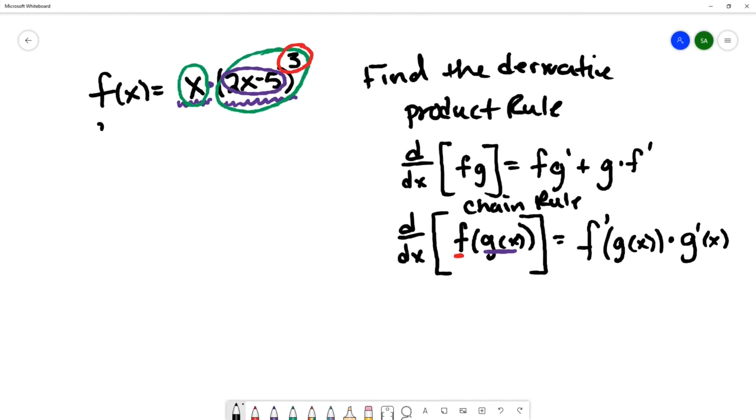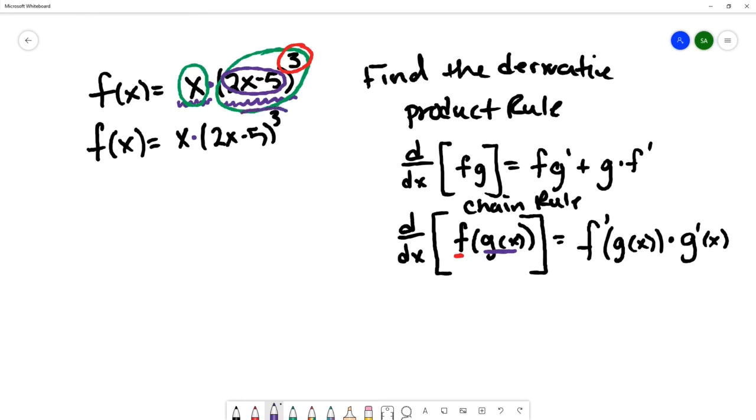Let's rewrite this function. I've made it a little bit messy there. We have x times (2x minus 5) cubed. I'm going to use the product rule first because multiplication would be the last operation that we would do in this expression.